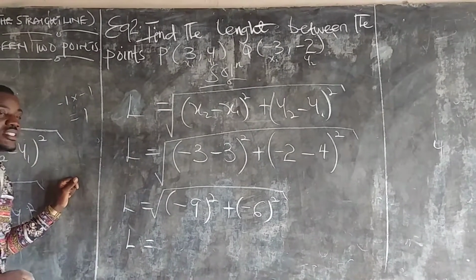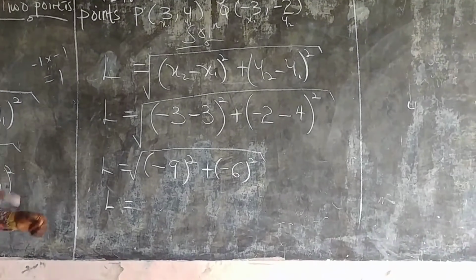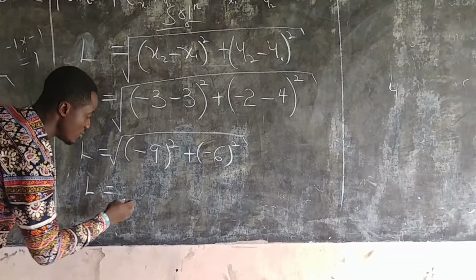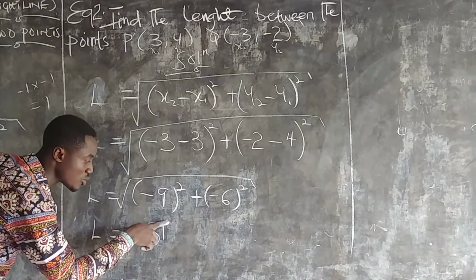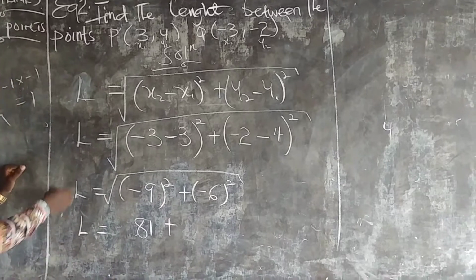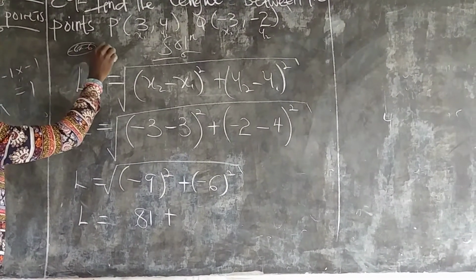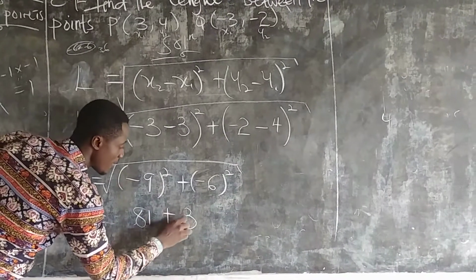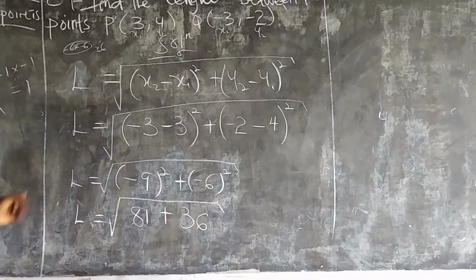So our length will be equal to negative 9 squared. What does it mean? Negative 9 times negative 9, and this one will give you positive 81. Don't bring the square again. Plus negative 6 squared means negative 6 times negative 6, which is positive 36. So we have our positive 36 here. Bring your square root. Good.